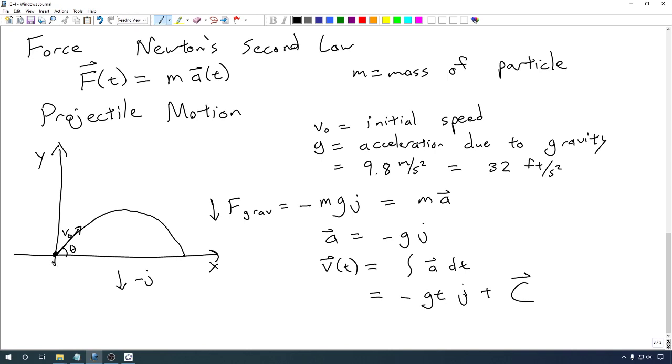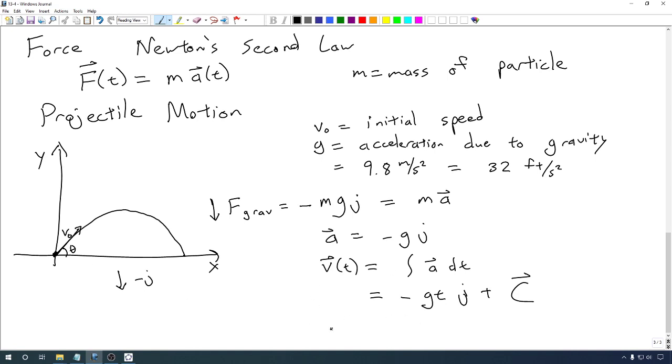At time 0, we know the particle is at the origin, though that's not involved here yet because we're not dealing with positions yet. We're dealing with the speed. But we do know the speed is going to be v naught, and we know the direction is given by theta. Obviously, it immediately starts changing direction due to gravity, but we know initially what its direction is.